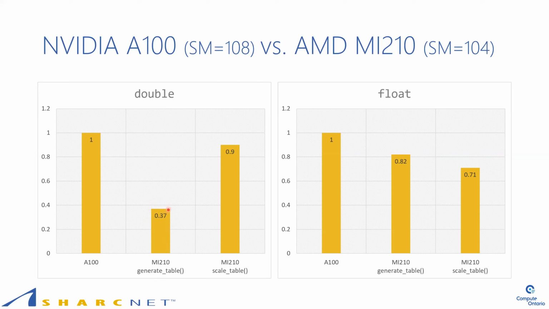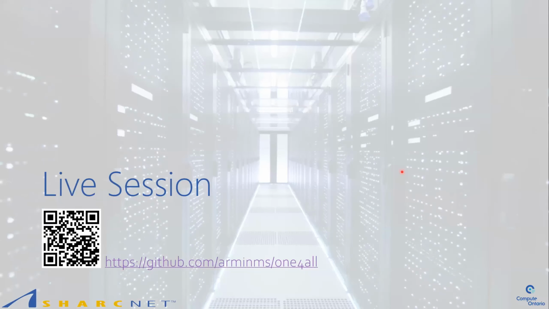Yeah, I should check to see what that is. But for the others, it's more or less the same, considering that the number of streaming multiprocessors is a little bit different, 108 versus 104. But these are some preliminary results. And using the same code, you can also check it yourself on different platforms to see if your results are different or not.